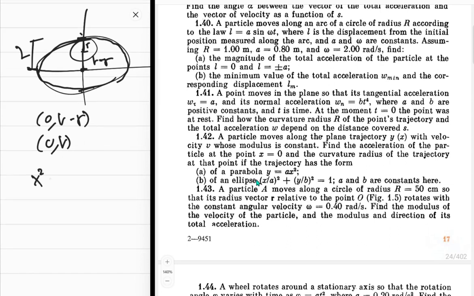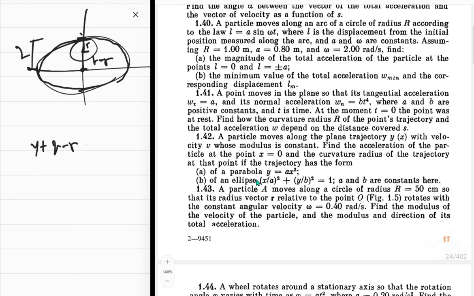So we can figure out what the circle should be. Actually, we don't even need to figure out what the circle should be. Once you've got what the circle's center is, just shift everything to that. So the way to do it is y plus the y coordinate of this circle, which I know because we did it in the previous case. So it's going to be plus b minus r.